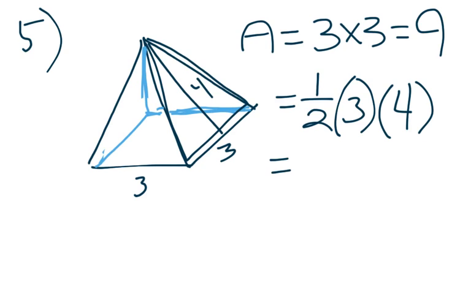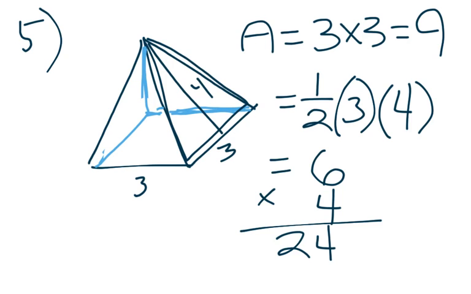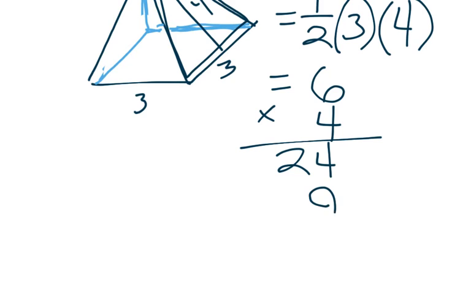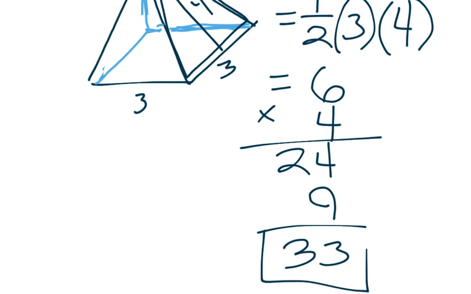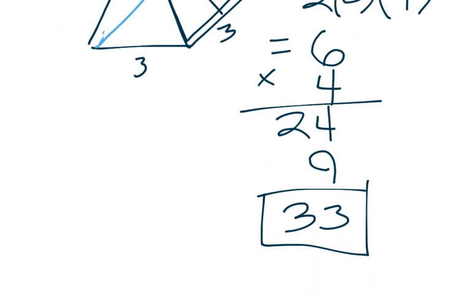So 3 times 4 is 12, divided by 2 is 6. And there's 4 of these sides, so 6 times 4 is 24. This is the area of all 4 sides combined, and we add the square base to that, and that is 33. So this is the answer for number 5, 33.